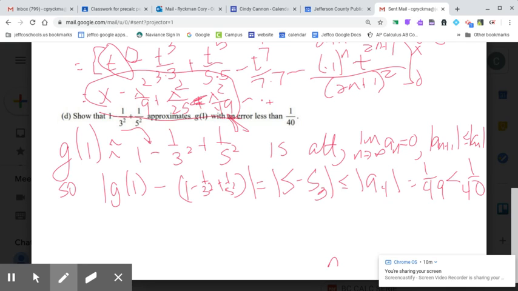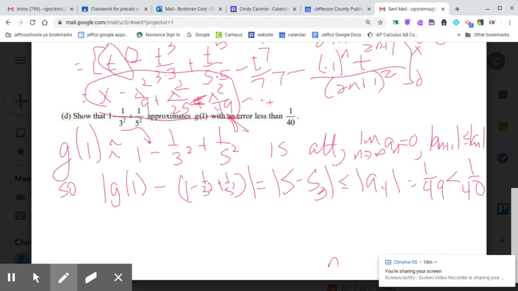Now, I chose this one because it was a good representative and didn't have interval of convergence like the AP test will have. But you need to be able to make a series like we did in Part A. You need to be able to take derivatives of series like we did in Part A. Part B was hard. That was meant to separate the best from the good.